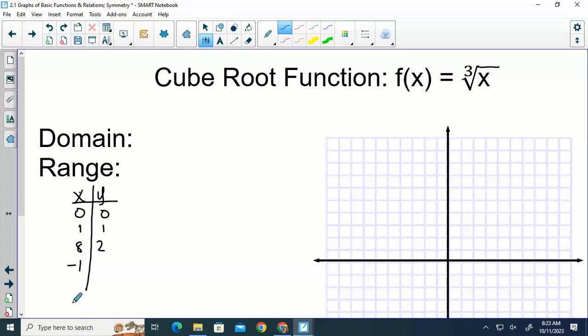If you weren't sure, grab a calculator. If you type in the cube root of negative 1, it doesn't tell you domain error. It tells you the cube root of negative 1 is negative 1. Cube root of negative 8, negative 2.